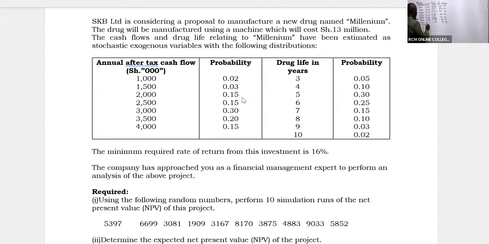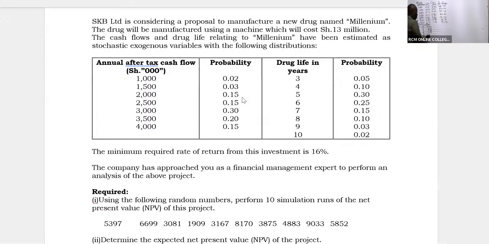Versus the probabilities that they have given us. So I can see 0.05, 0.10, 0.30. After that, I can see 0.25, after that 0.15 again.